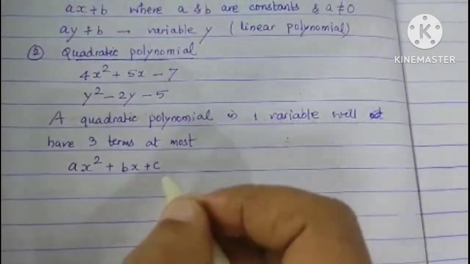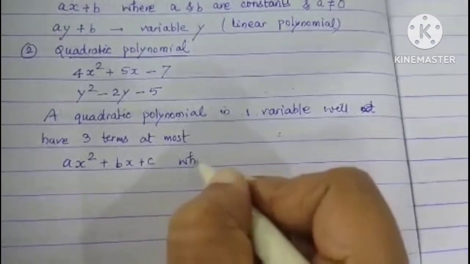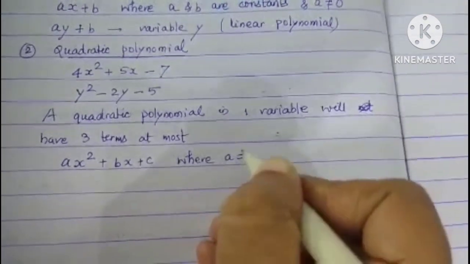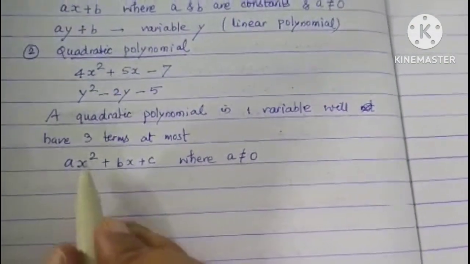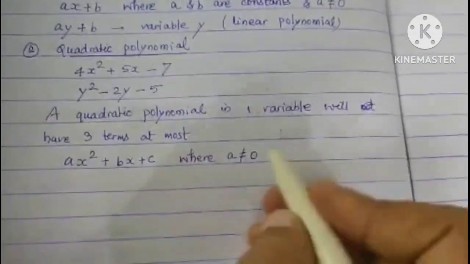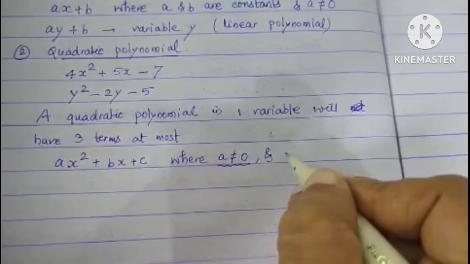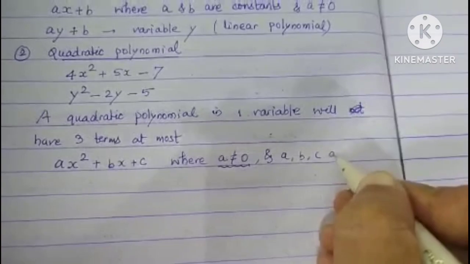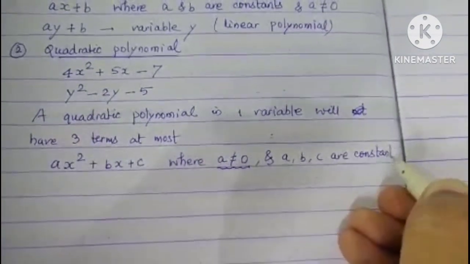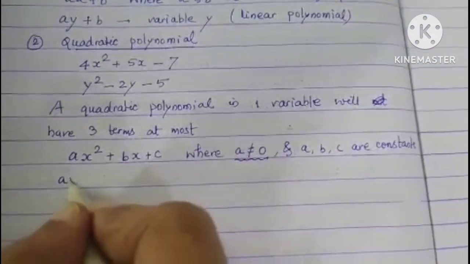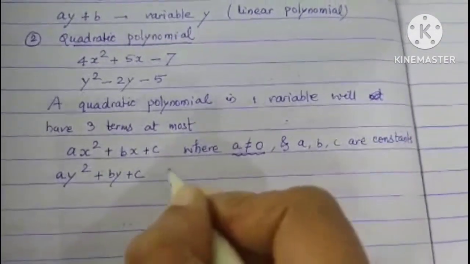This is the general form of a quadratic polynomial, where a is not equal to 0, because if you make a equal to 0, then it will not be a quadratic polynomial, it will reduce to a linear polynomial. So this is important, where a is not equal to 0 and a, b, c are constants. This you can write in variable y also: ay square plus by plus c.